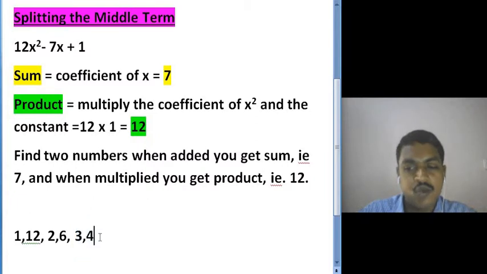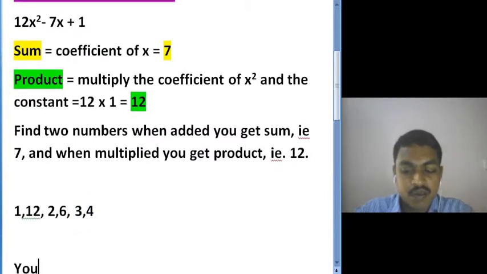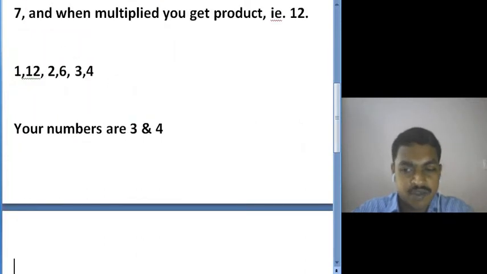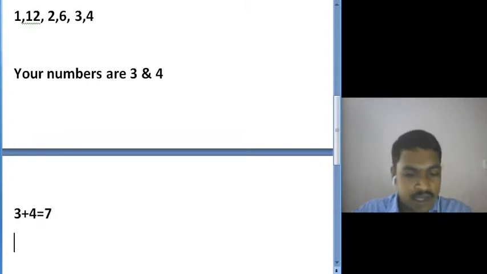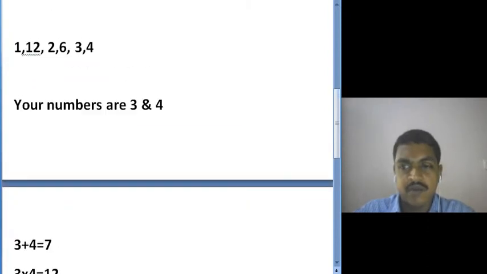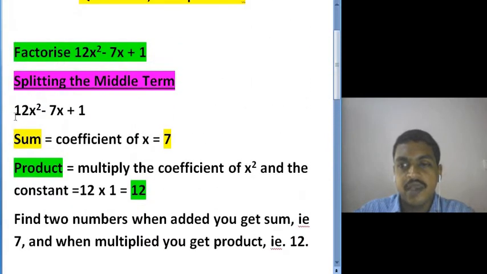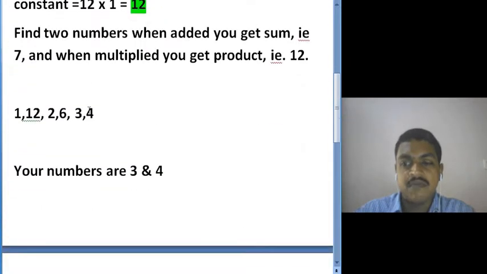So your numbers are 3 and 4, because 3 plus 4 equals 7, and 3 times 4 equals 12. All you have to do next is copy down the question for factorization. That is 12x square minus 7x plus 1. So let's see.